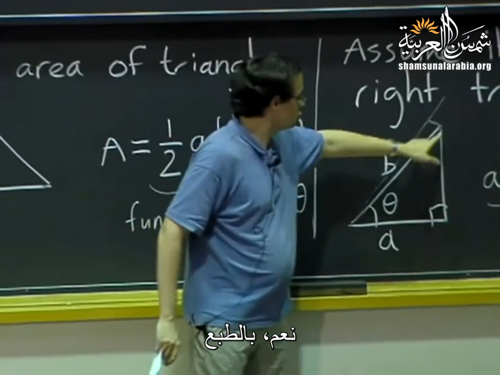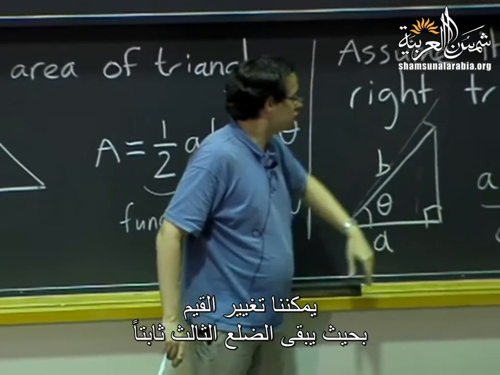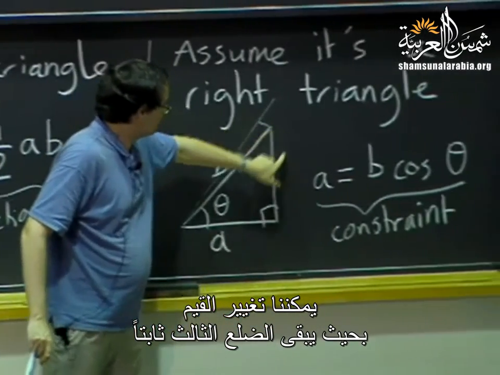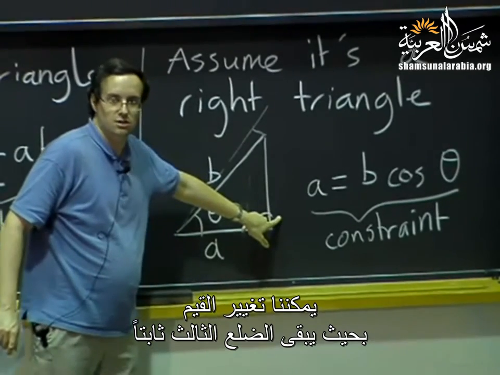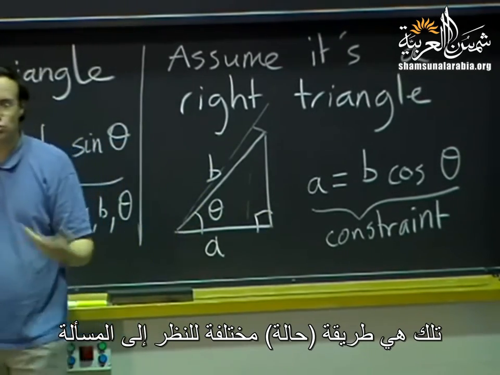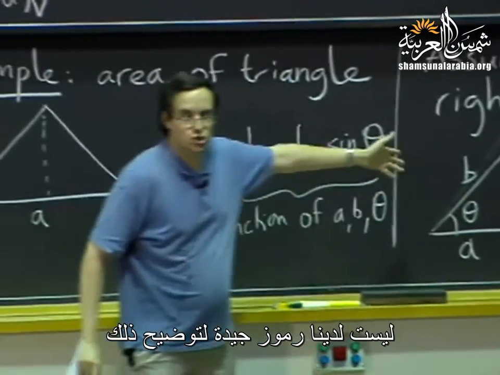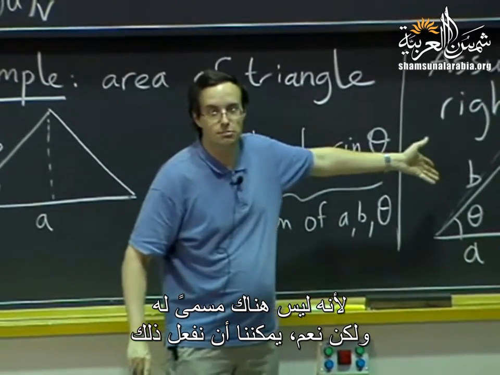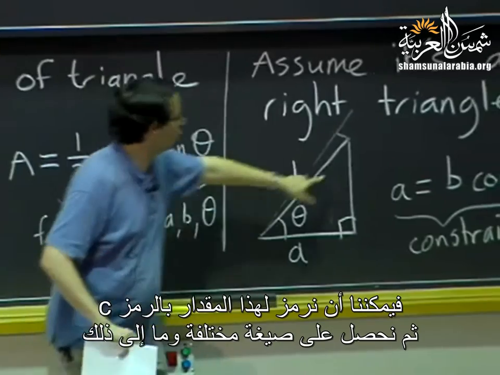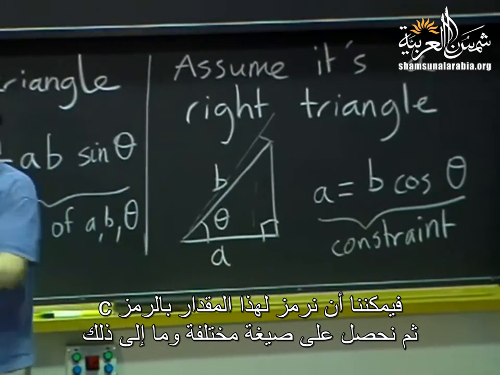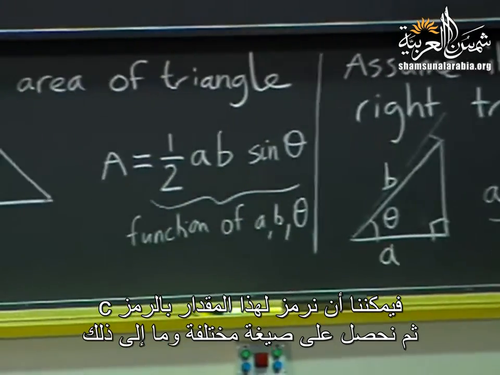Keeping the third side? Yes, if you wanted to, we could also change things in such a way that the third side remains constant. That would be yet a different way to attack the problem. We don't have a good notation for this here because we didn't give it a name, but we could call it C, and then we'd have a different formula and so on.